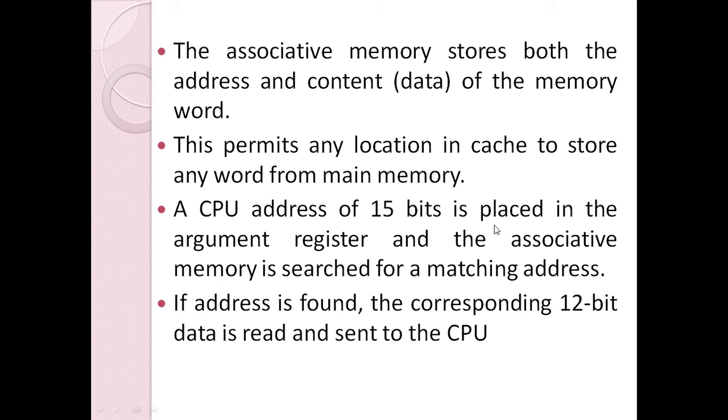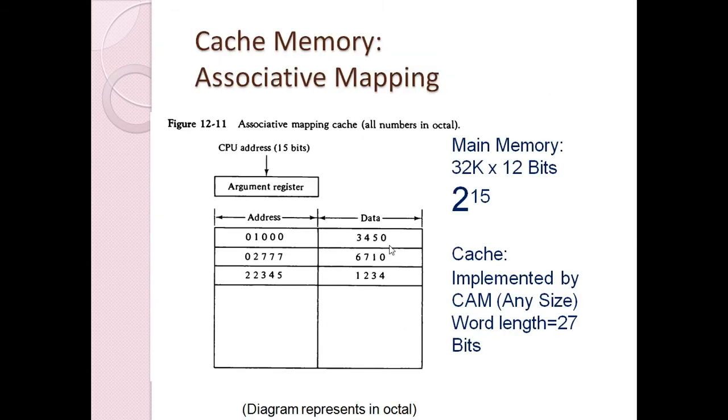The CPU address of 15 bits is placed in the argument register, and the associative memory is searched for a matching address. If the address is found, the corresponding bits are sent to the CPU. So it is done in this way. Here you store address as well as data of main memory. In the argument register, you load the address which is demanded by the CPU.